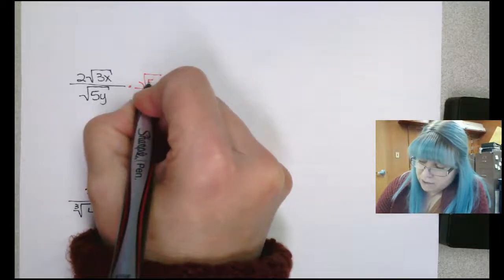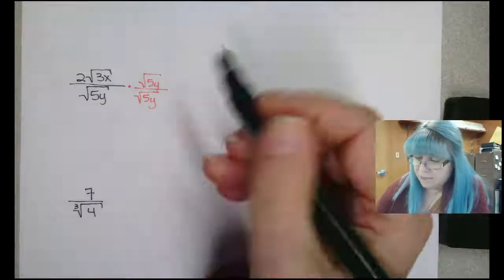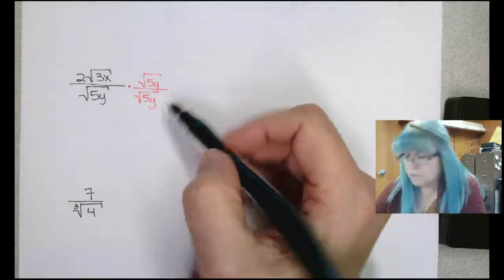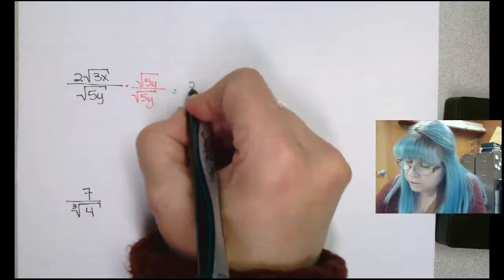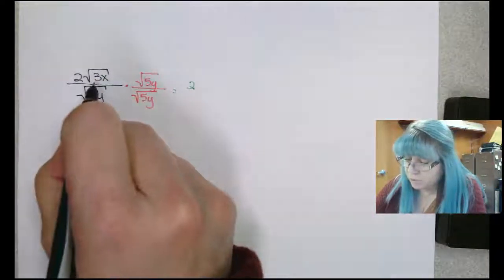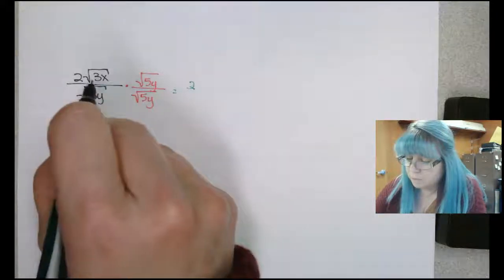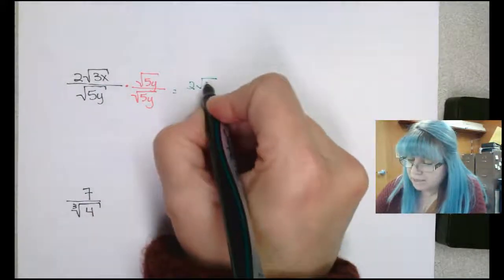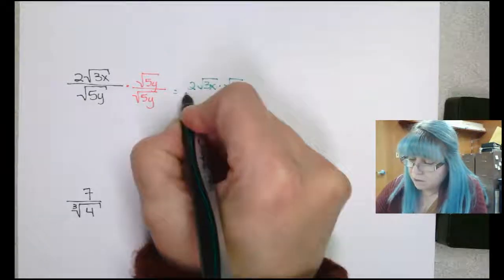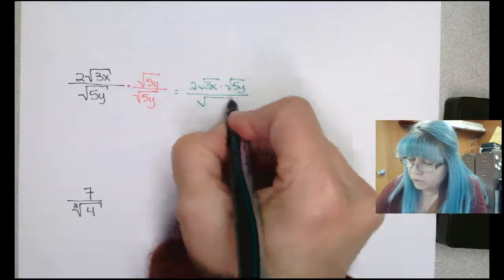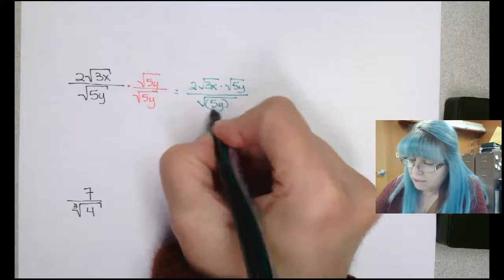That, in essence, is multiplying it by 1, completely allowed. 3 times the square root of 3x times 5y is going to be, let me go ahead and write that step out, times the square root of 5y, all over the square root of 5y squared.